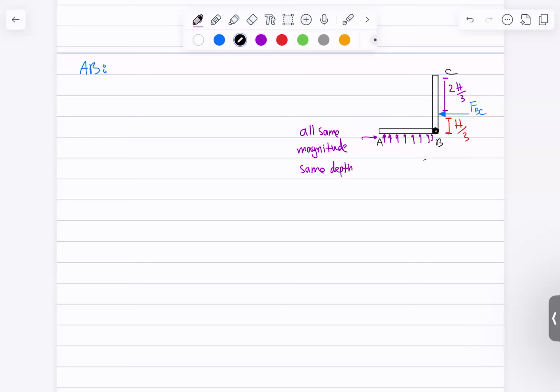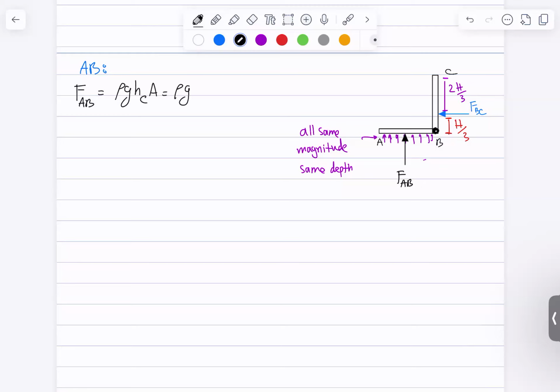because they are at the same depth, right? So pressure is rho g h at all of those points, which means the force has to be in the middle. This is completely symmetric, right? So the magnitude is just rho g h_c. Again, it doesn't matter because the centroid is the same for this plane as any other point. So this is all h_c times its area, which is rho g.